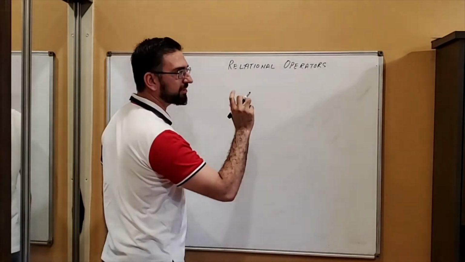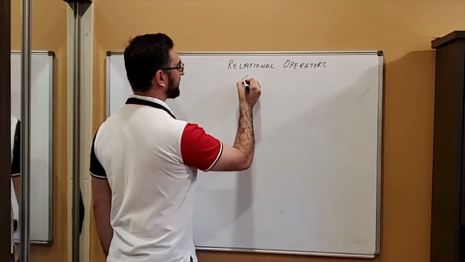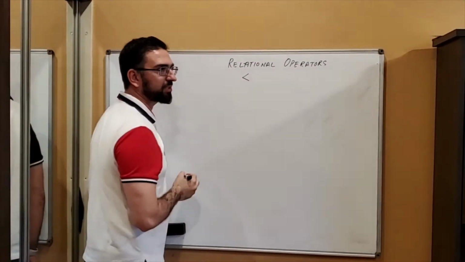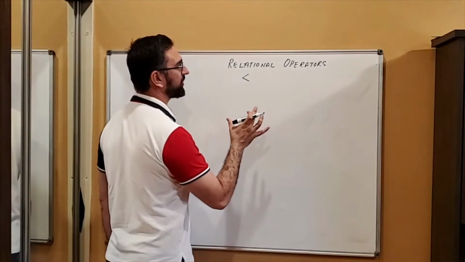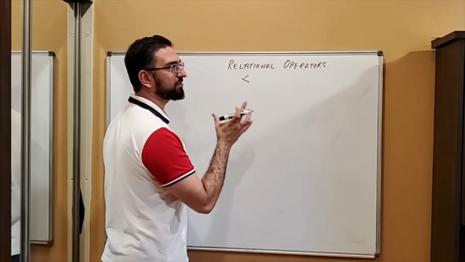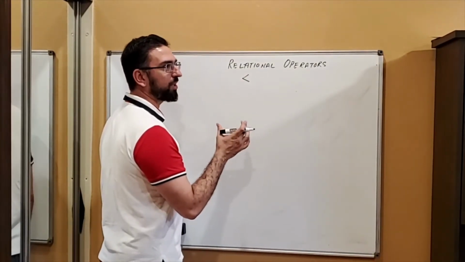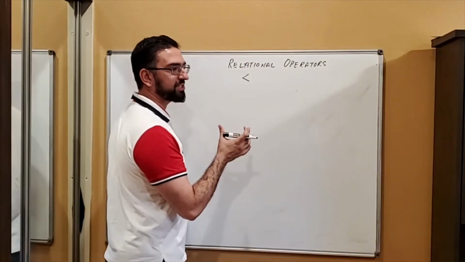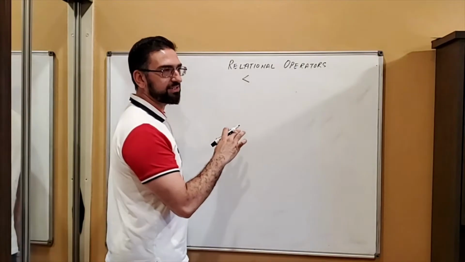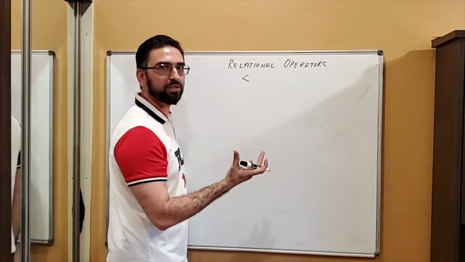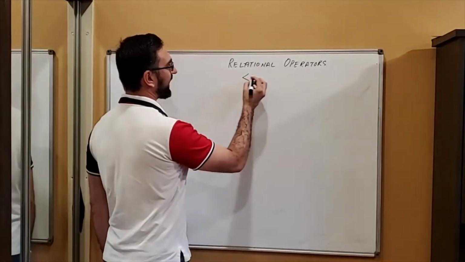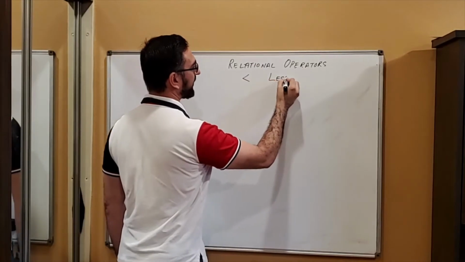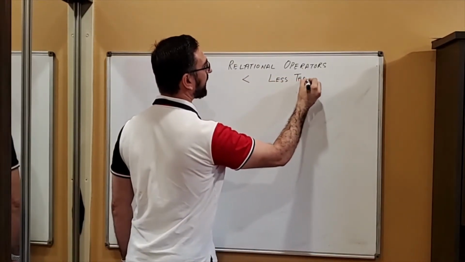Let's suppose you want to talk about the opposite relation. So instead of greater than, you want a condition where you're comparing the left hand side to the right hand side, and you want that to be less than. So if, for example, age is less than 6 years old, they can ride a toddler's roller coaster. So in that case, you will use the less than operator, right?